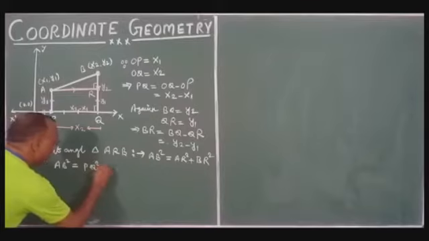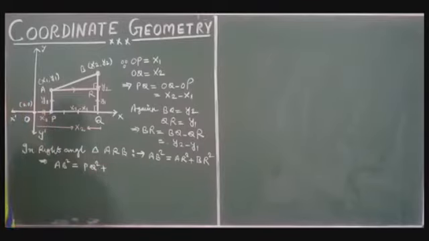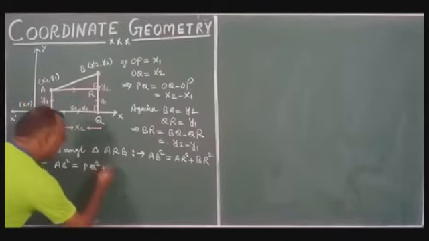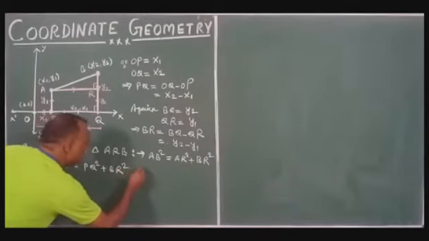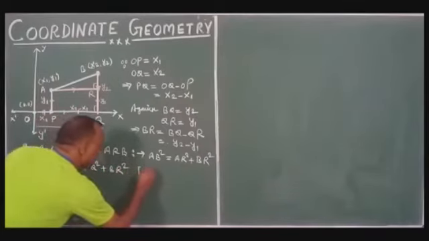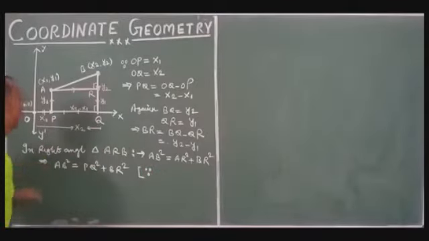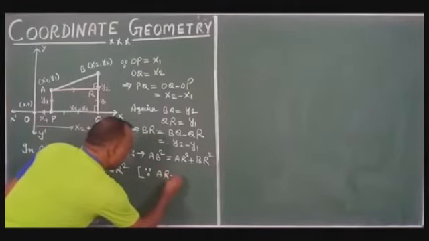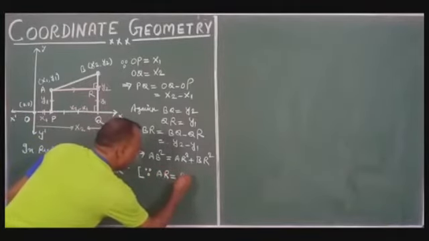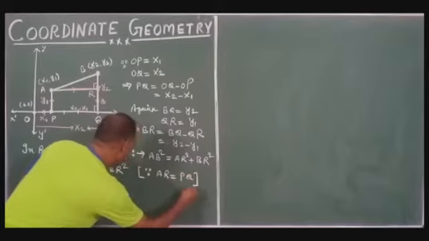PQ square plus BR square. Since AR is equal to PQ, we can use that here.